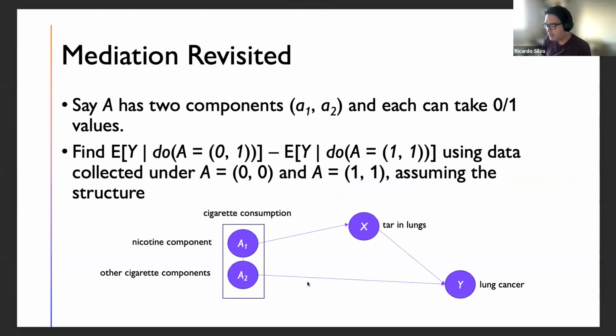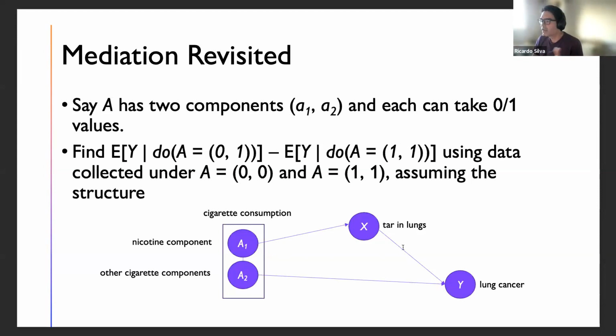And sometimes this also shows up as problems related to mediation. So one often formulates questions such as, what is the effect of a treatment via a particular pathway? And sometimes you interpret this as two versions of a treatment being set to one pathway or set to another pathway. An example like this here, which is a made-up example, but may be interesting as an illustration, is the effect of cigarette consumption on cancer.